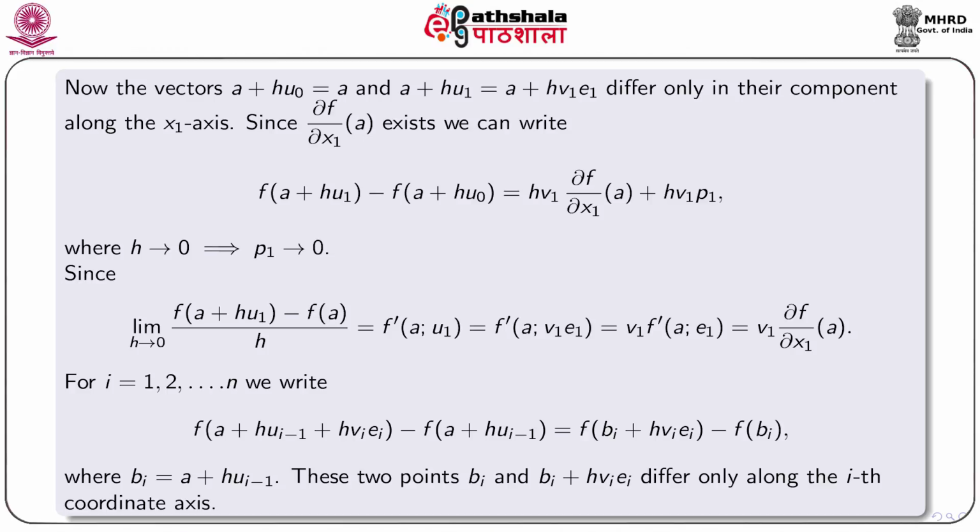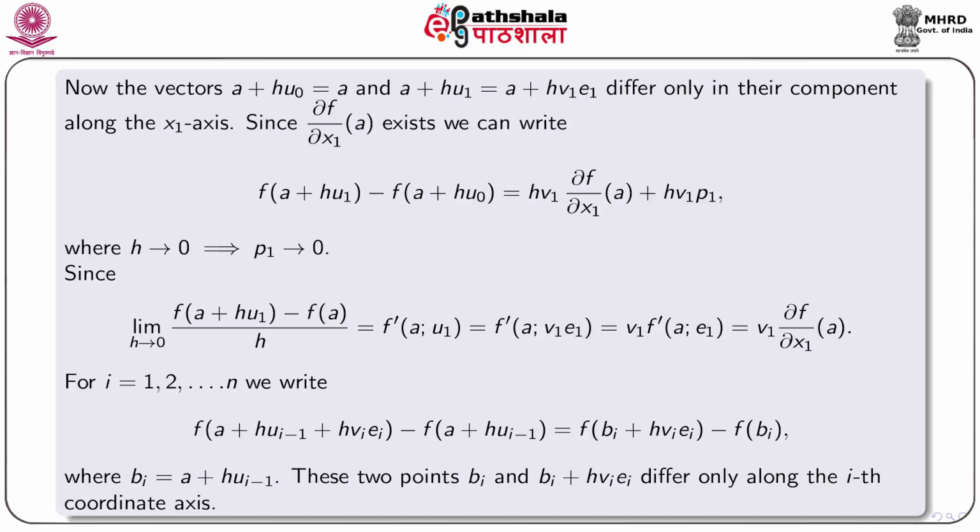Since del f del x 1 exists at the point A, we can write f of a plus h u 1 minus f of a plus h u 0 equal to h v 1 del f del x 1 at A plus h v 1 p 1, where h tends to 0 implies p 1 tends to 0. We explained it here.